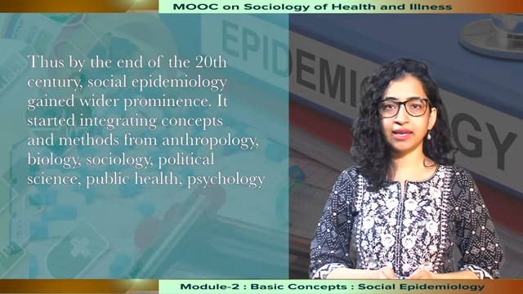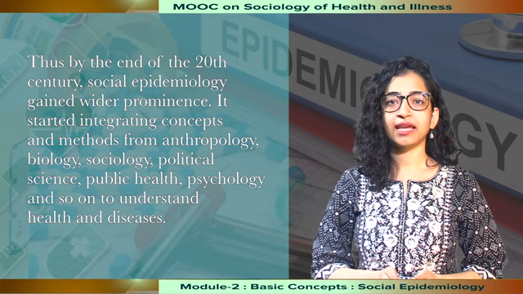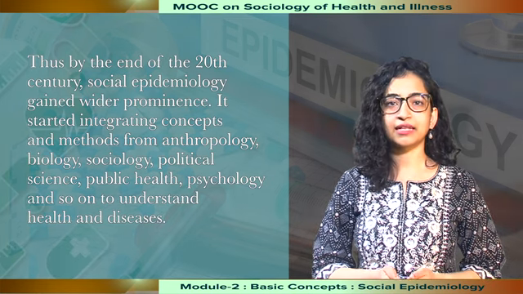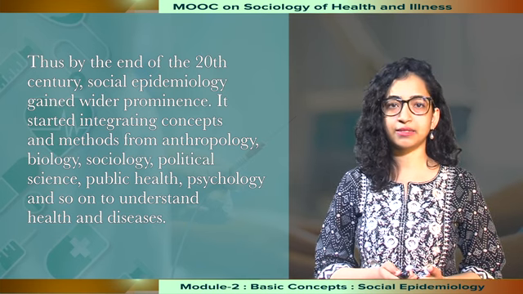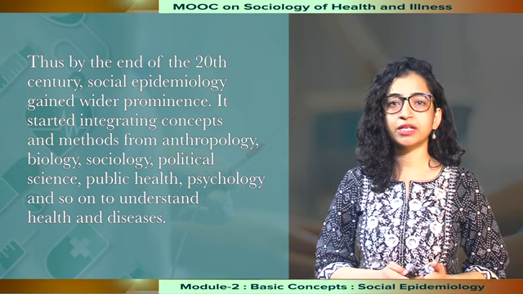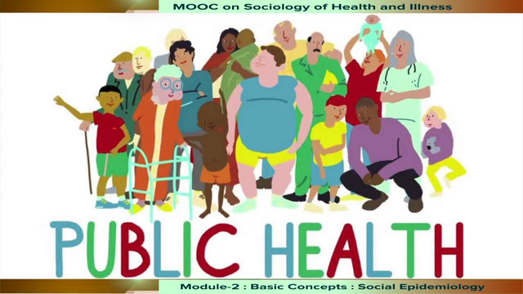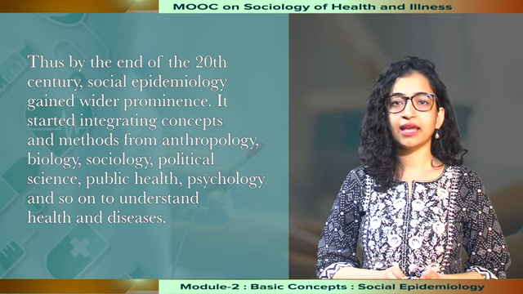Thus, by the end of the 20th century, social epidemiology gained wider prominence. It started integrating concepts and methods from different disciplines like anthropology, biology, sociology, political science, public health, psychology, and others to understand health and diseases.